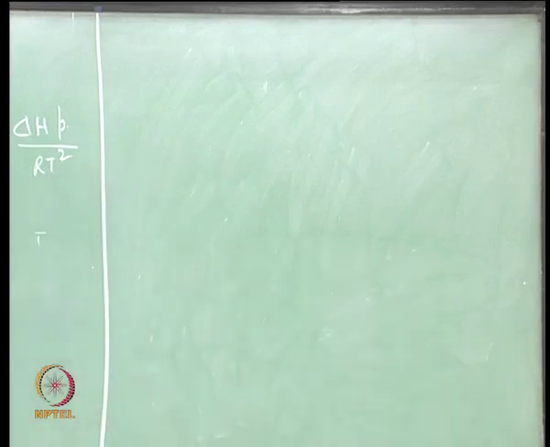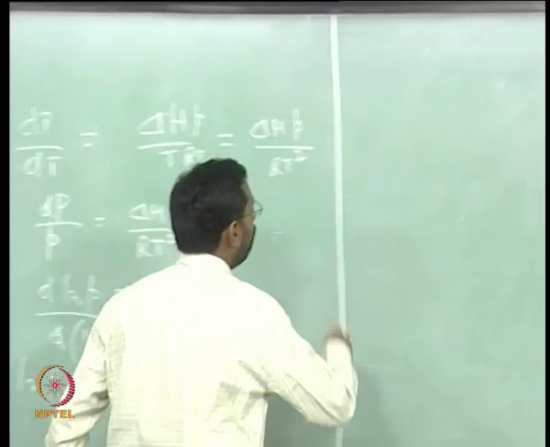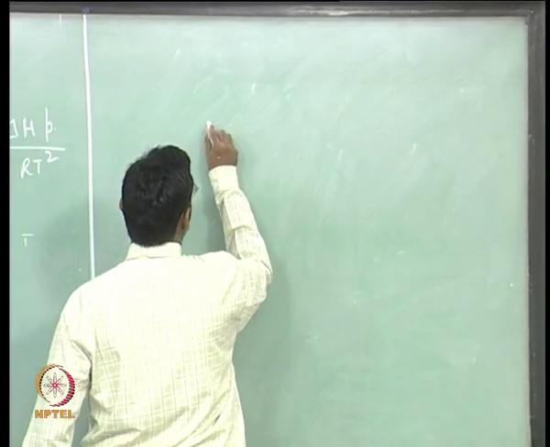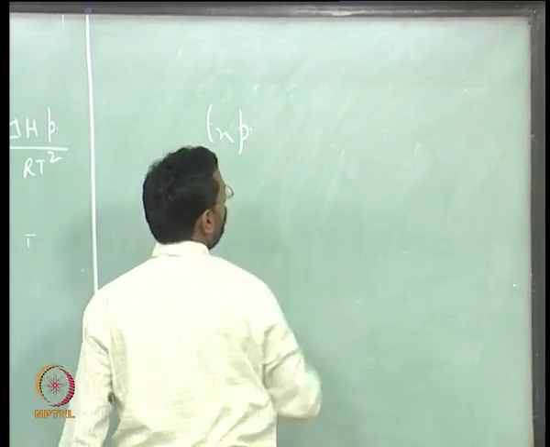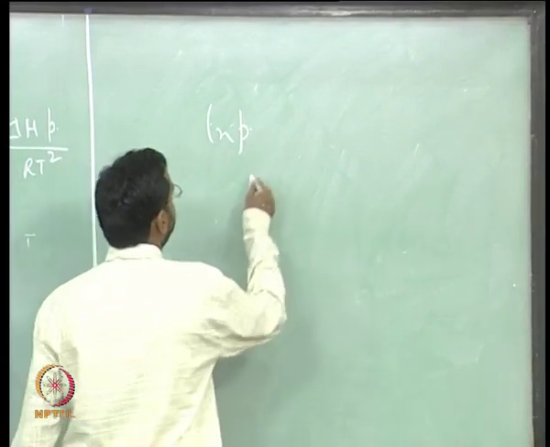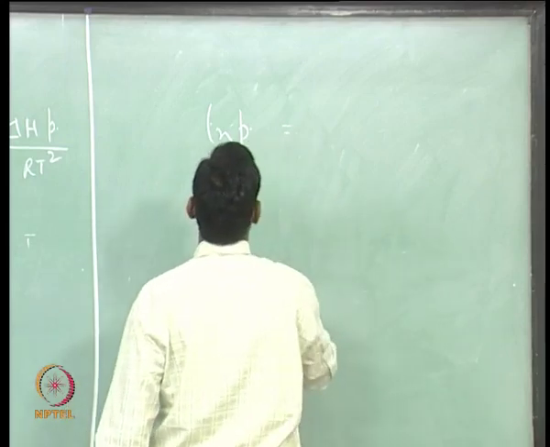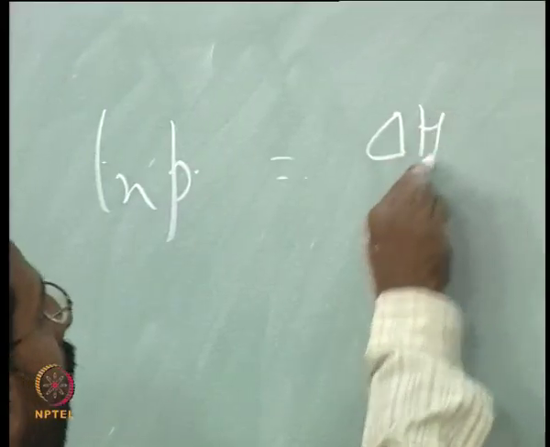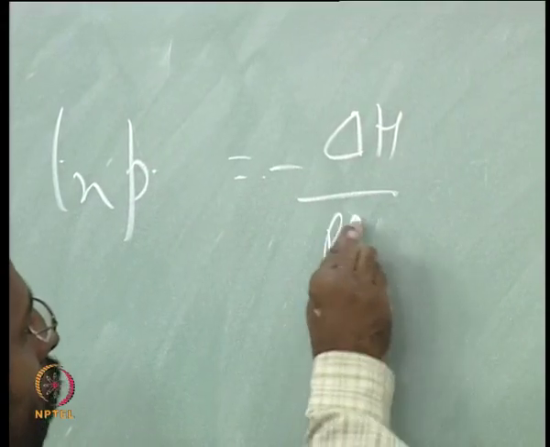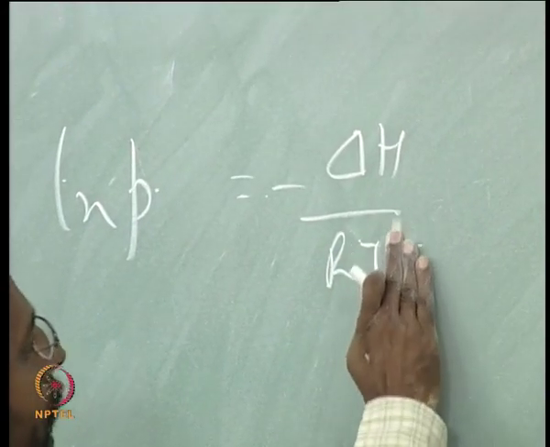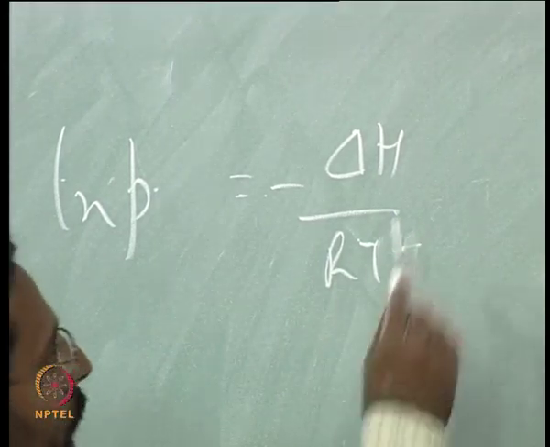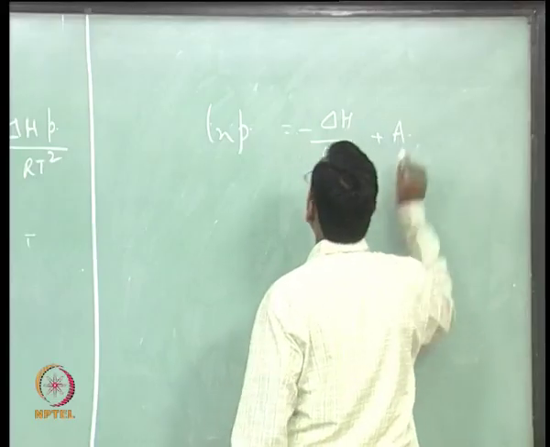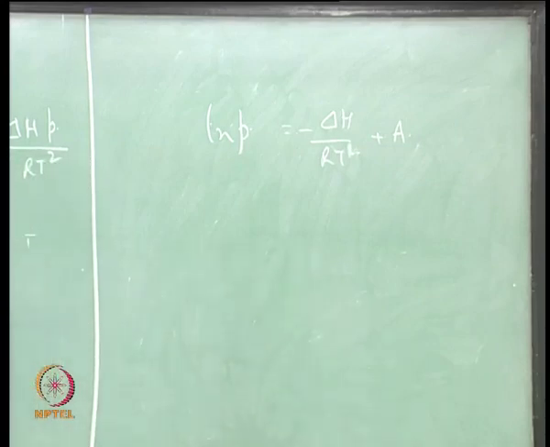We can see that the partial pressure, ln p, is related to, we have seen that ln p is minus delta H by RT, not RT square, plus A. Am I right?